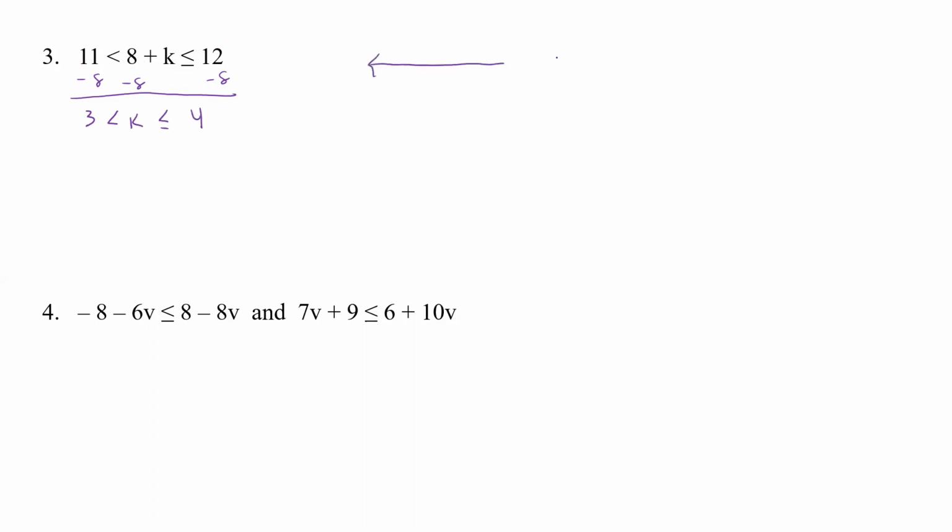So again, if we do this, let's go ahead and put our 3 and our 4 in here. So k greater than 3. So that's an open circle going to the right. Here, k is less than or equal to 4. So a closed circle going left. And our intersection is right there.